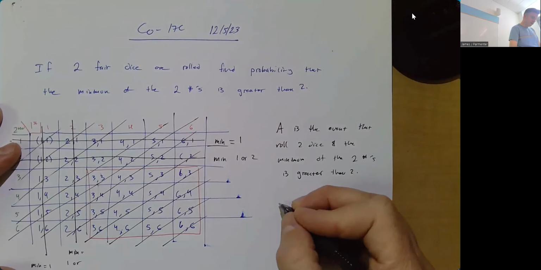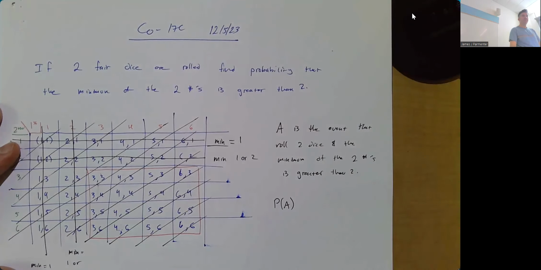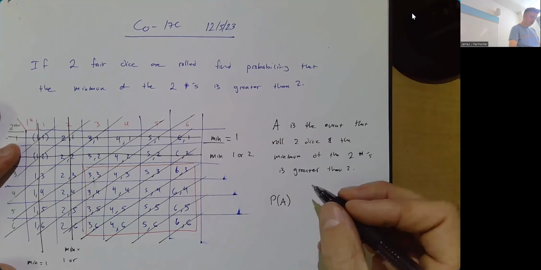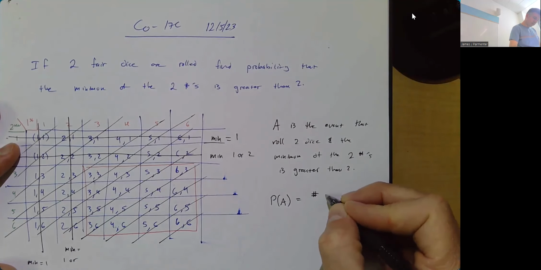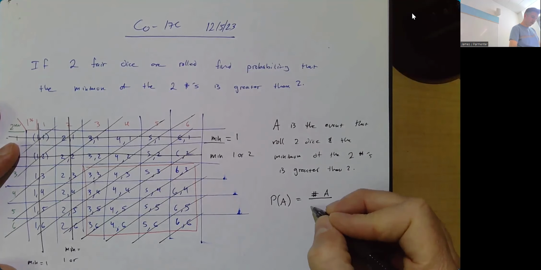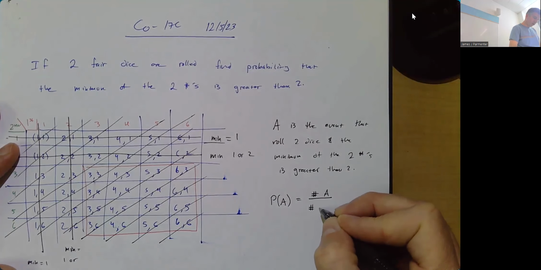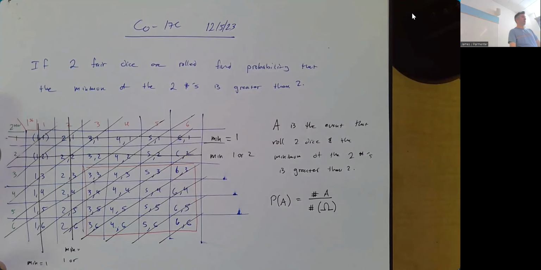Then the probability of A is the number of ways of getting A divided by the number of ways of all the things. And typically, omega is the symbol we use for the entire sample space.